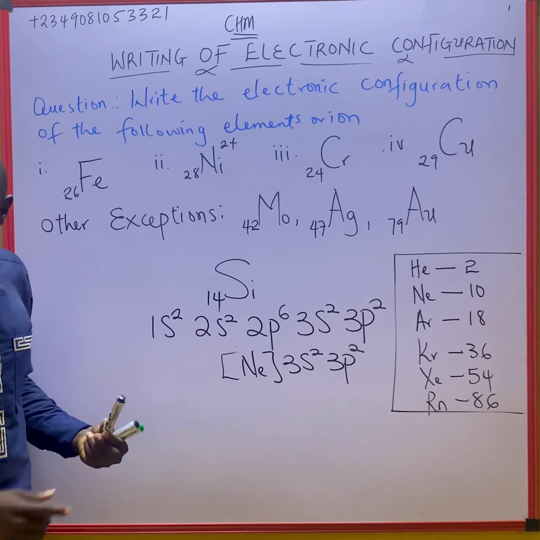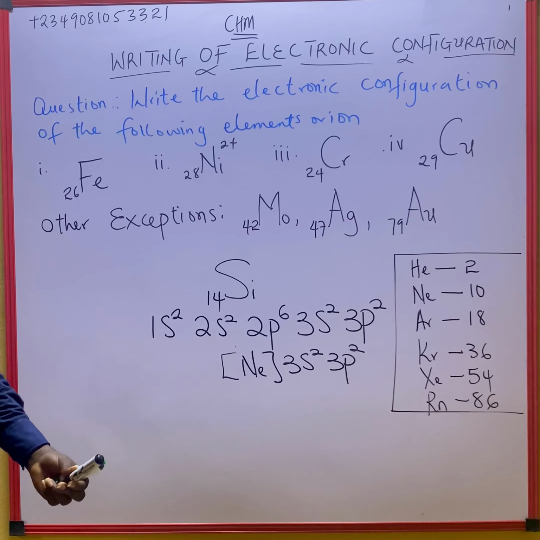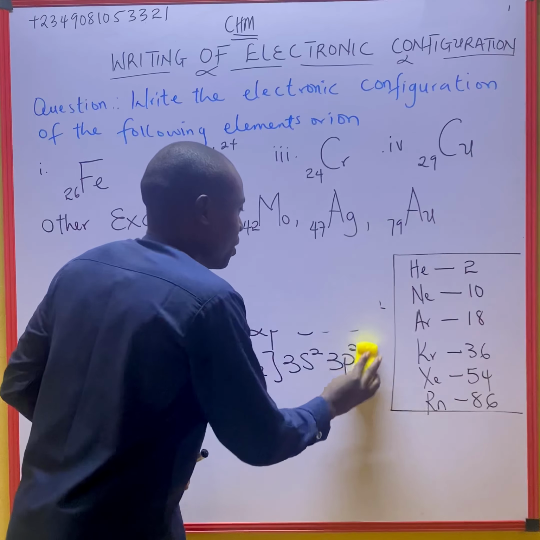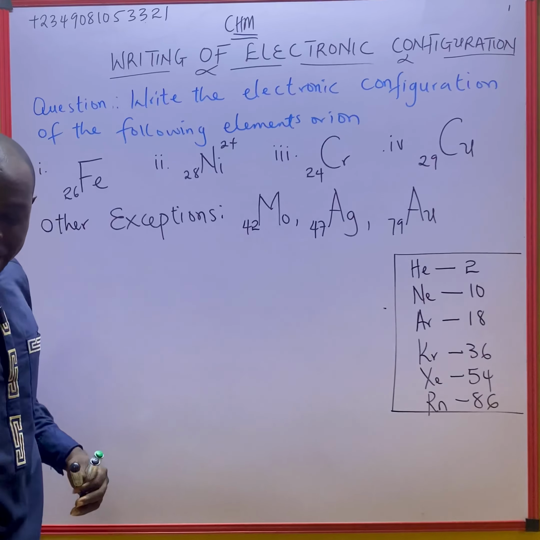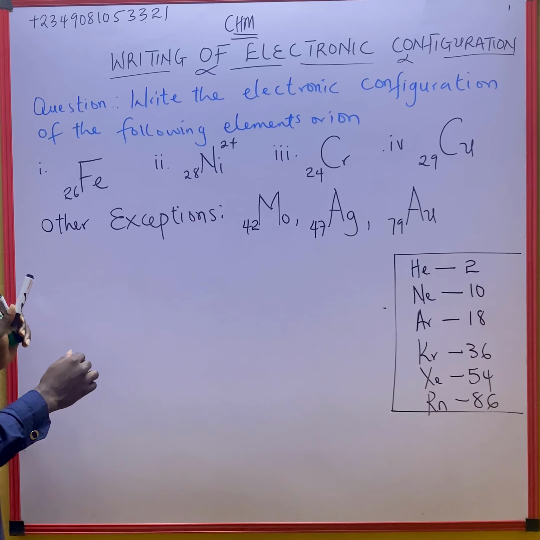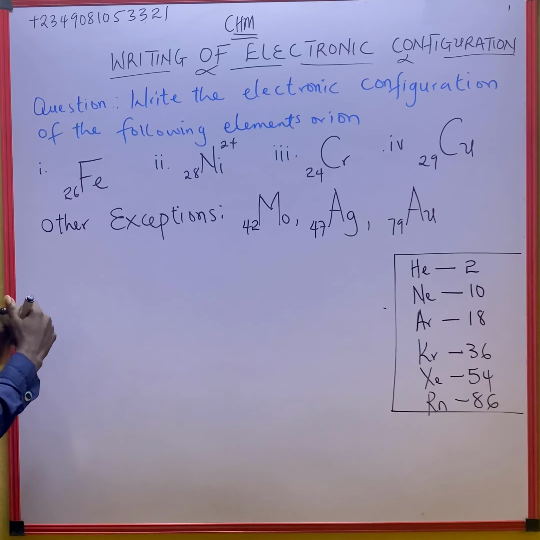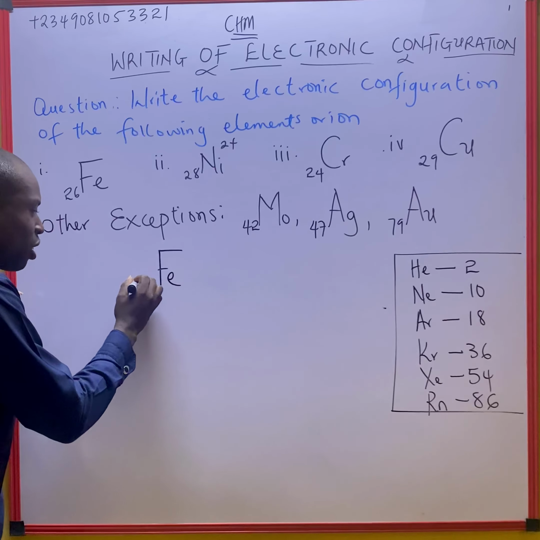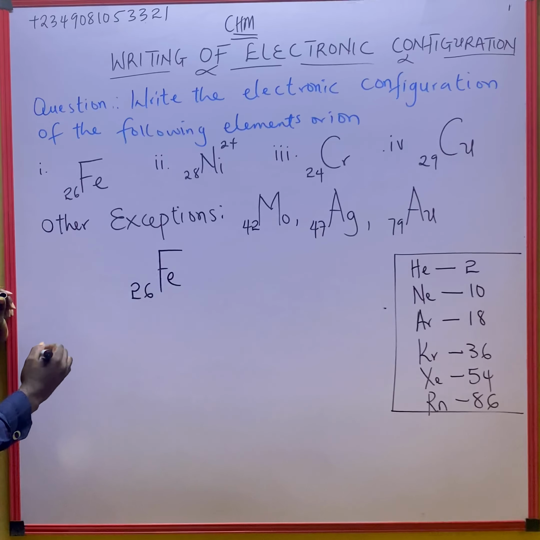So let us do a very huge and practical example here. Now, the real deal. I'm to write the electronic configuration for what now? Iron here. Iron has atomic number 26. So how do I do it?